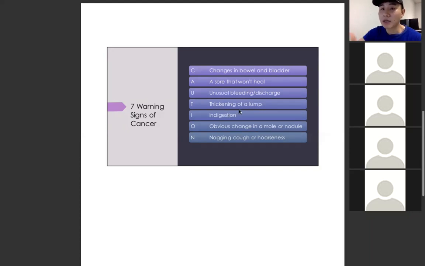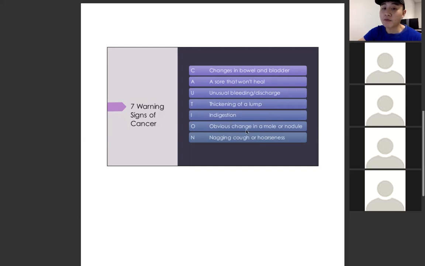But sometimes as humans, we experience thickening of a lump because of inflammation going on in the body, or the body trying to fight off a bacteria. So sometimes we have a lump too. Having a lump does not necessarily mean that we have cancer, but it is one of the warning signs of cancer.